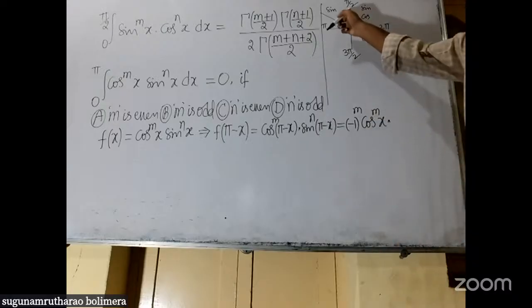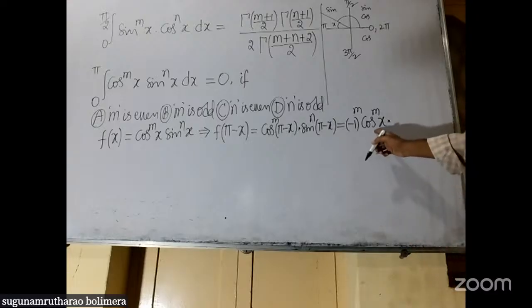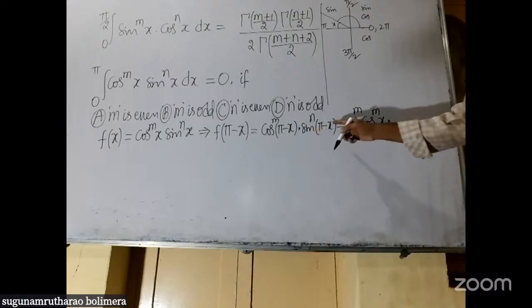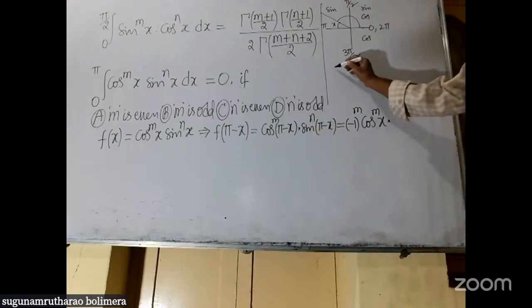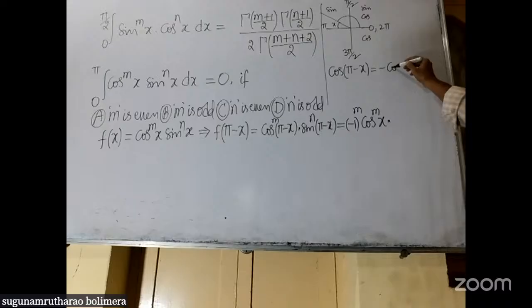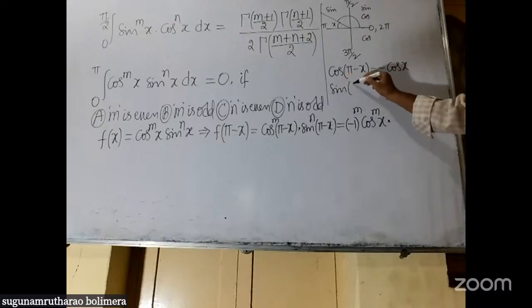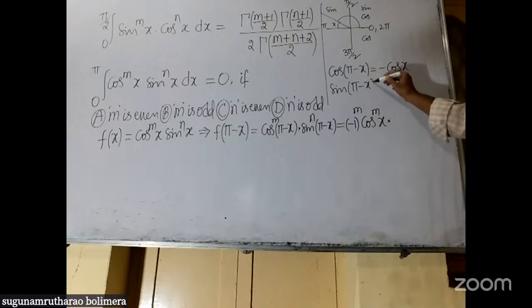Cos is negative in the second quadrant and sin is positive. So cos of pi minus x equals minus cos x, and sin of pi minus x equals sin x.